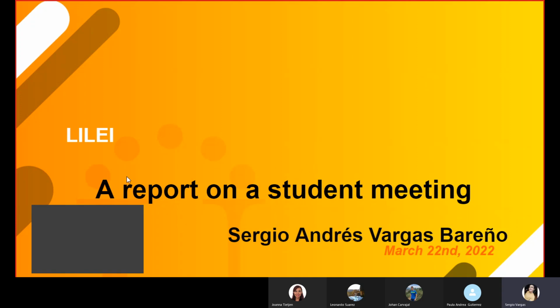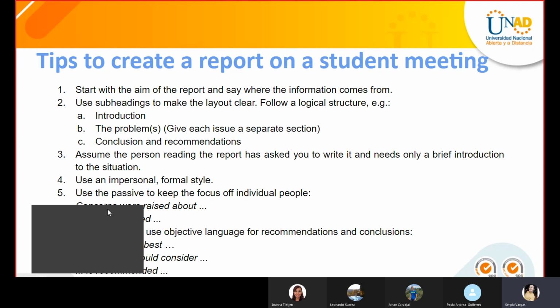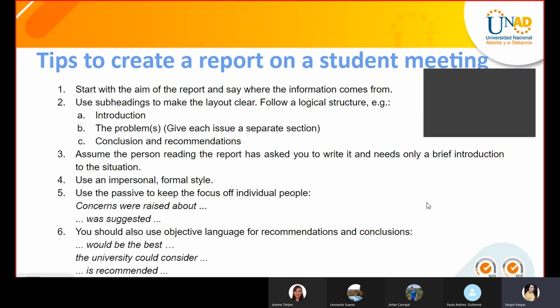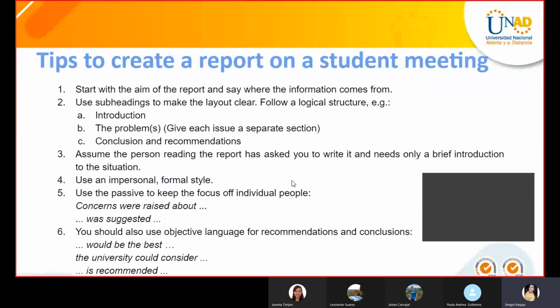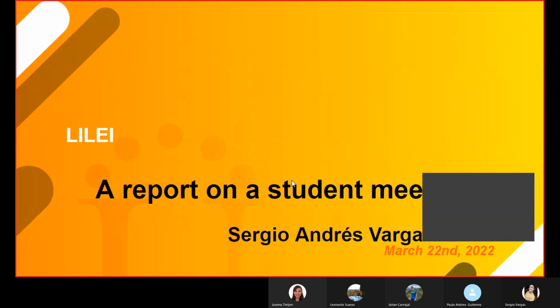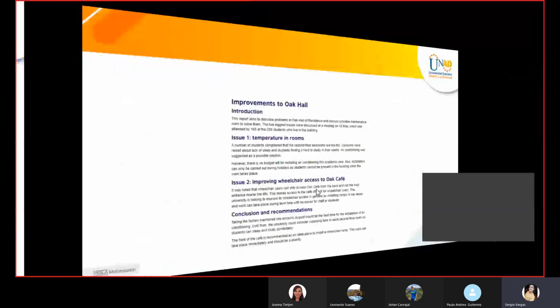We're going to work on some exercises to improve your writing, and we're going to work on these activities about this topic specifically. For this specific topic, we have these tips to create a report on a student meeting.